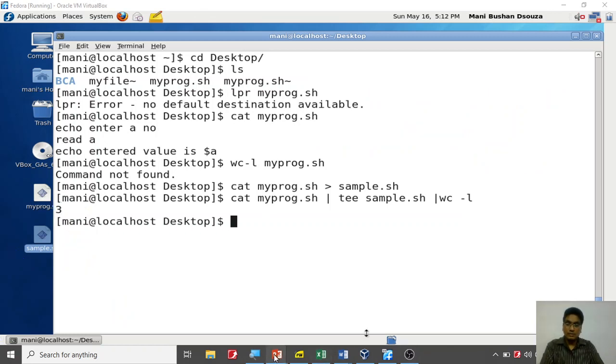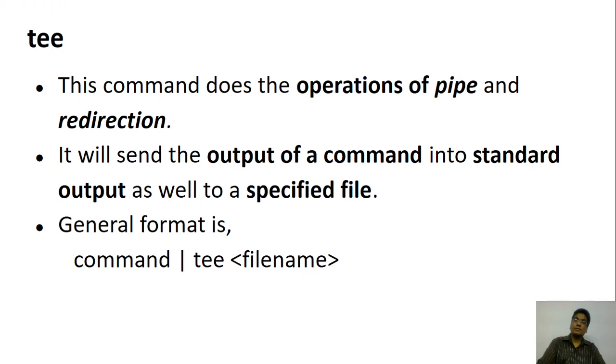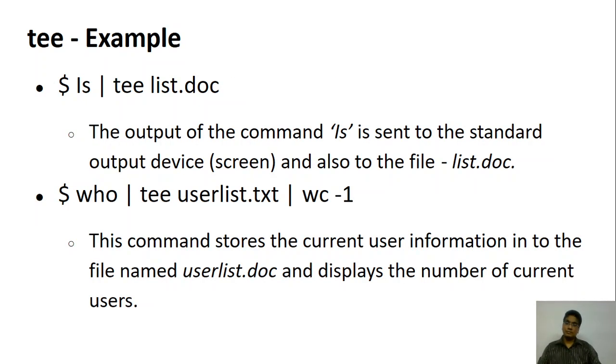Okay, so let's go back to the PowerPoint. The tee command is used to redirect output into 2 different places, one to a file and one to another command. For example, you can say who, pipe tee, and from the tee one goes here and the other goes to the other side.